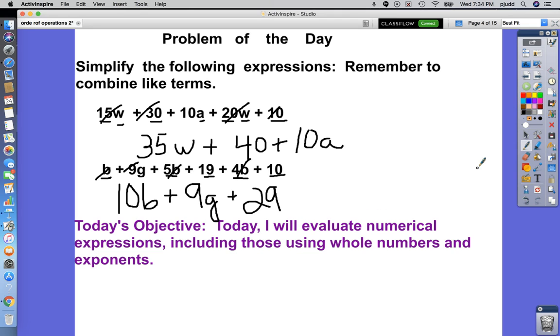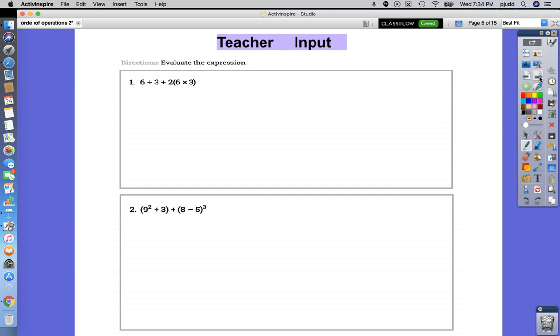You should have already copied down today's objective with the time that you had. So moving on, we're going on to teacher input. At this point, your pencils are down, you're looking up at the screen, you're focusing on what I'm doing here, and I'm going to record GEMS so I can refer to my steps to help remind me.